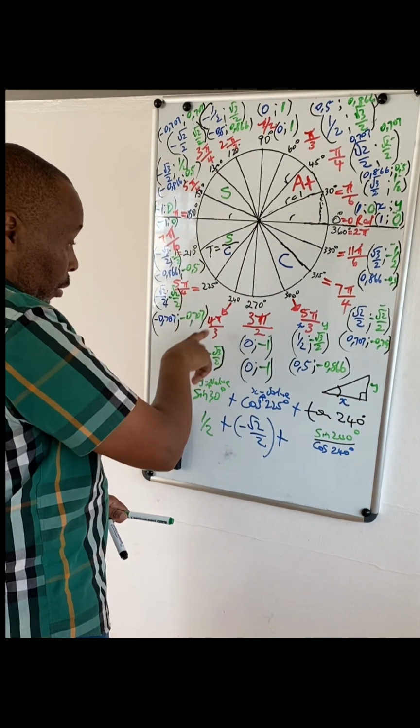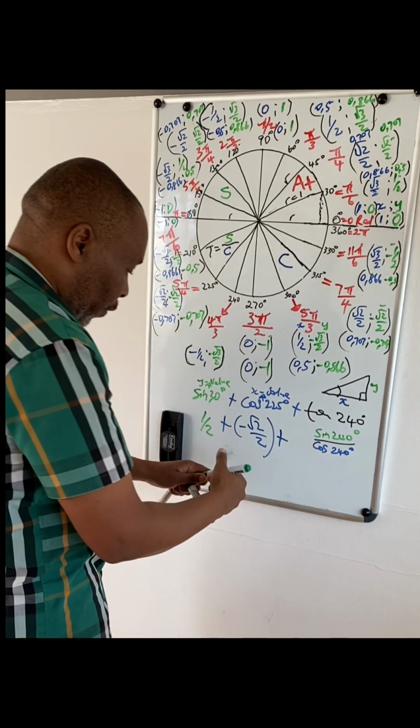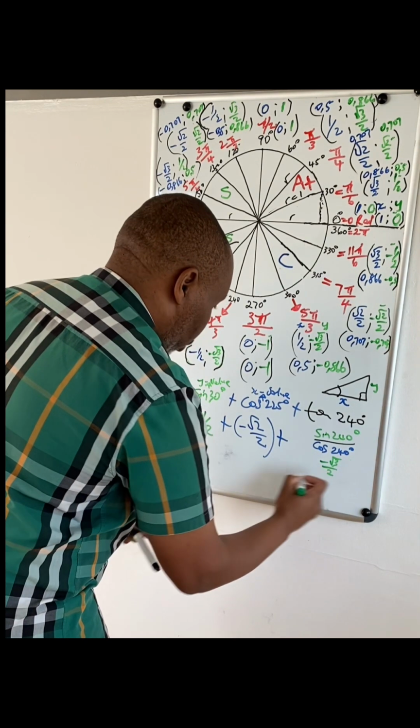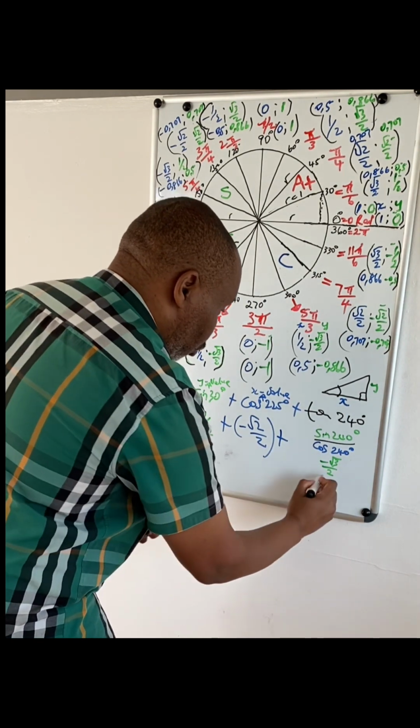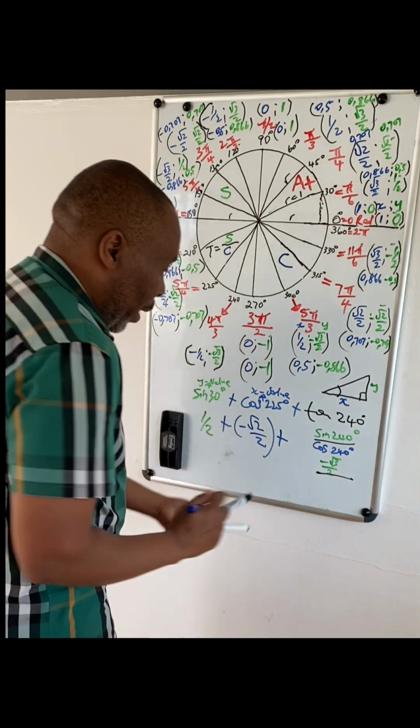The sine of 240 degrees is the y value. It is minus root 3 over 2, all over the cos of 240 degrees, which is minus a half.